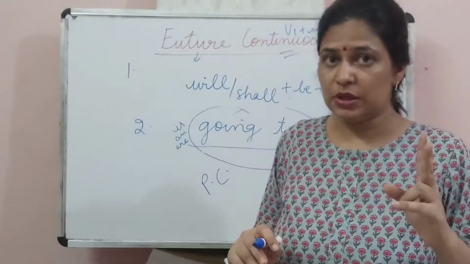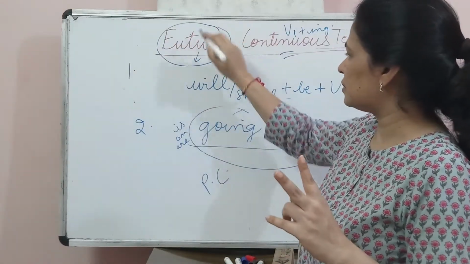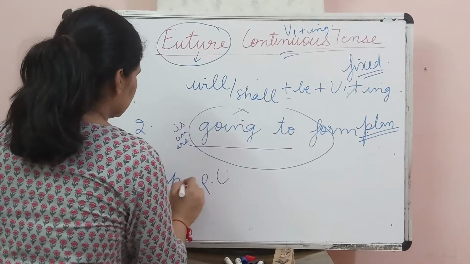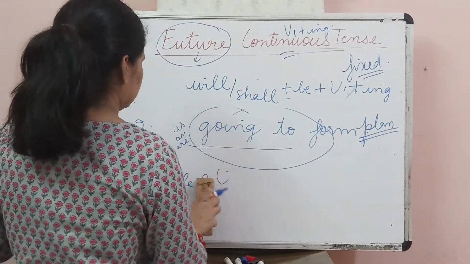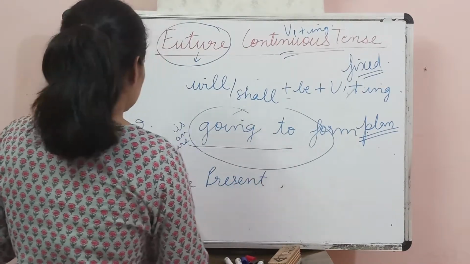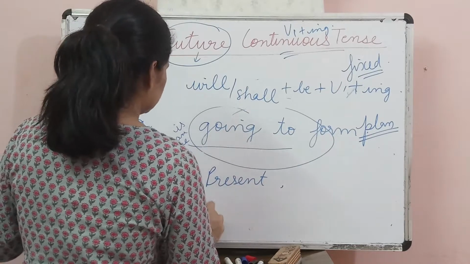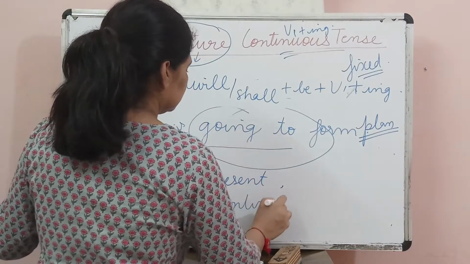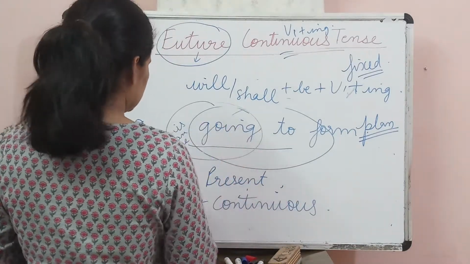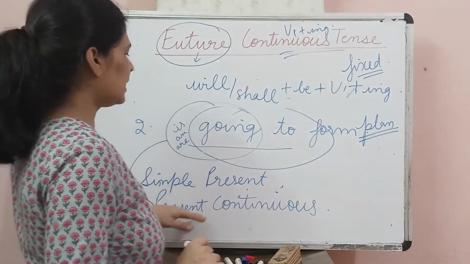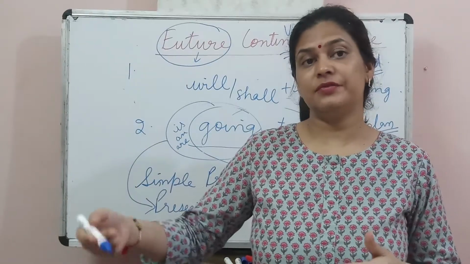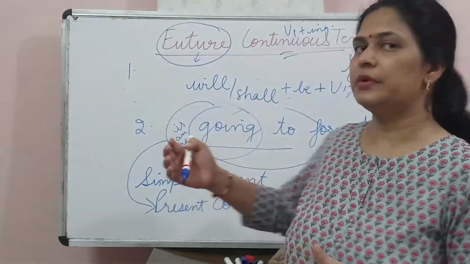But there are two things you have to remember in the future tense also, that simple present and present continuous are also used to denote future tense. So this is the present continuous, and we also had the scheduled one, the plane leaves at 10:15 a.m. That was also simple present.